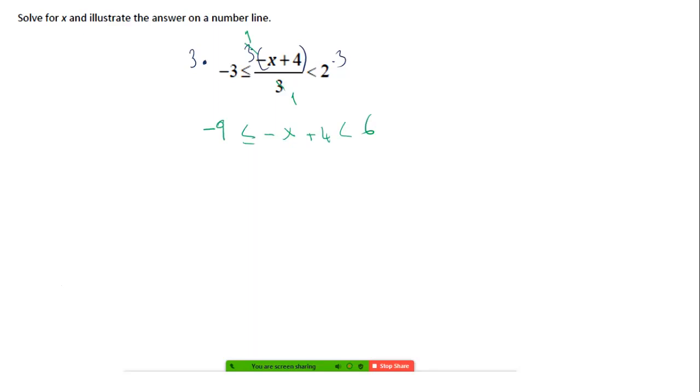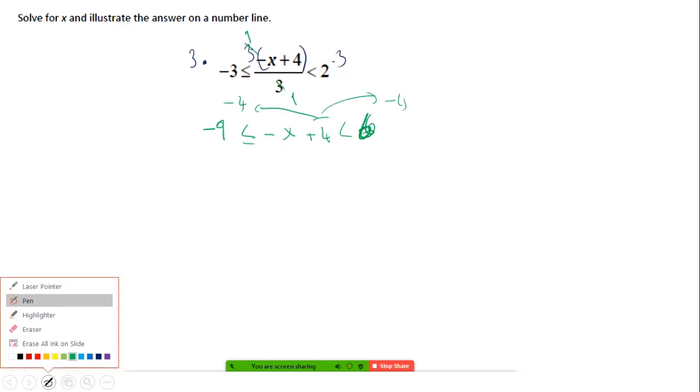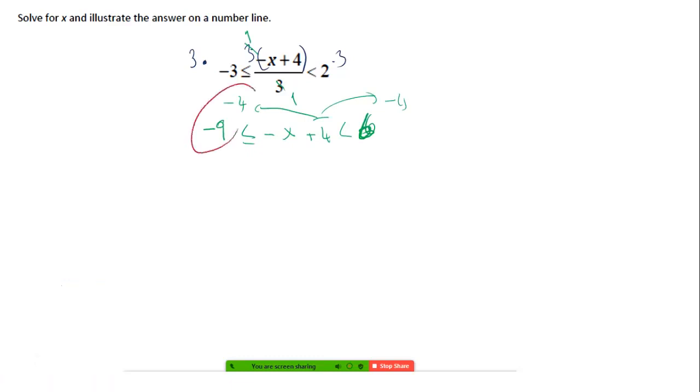Then I see x is not alone. I will leave it alone like I did in the previous question. There is negative 4, so I will get from this side negative 13 and negative x is 1, and this side I will get 2.